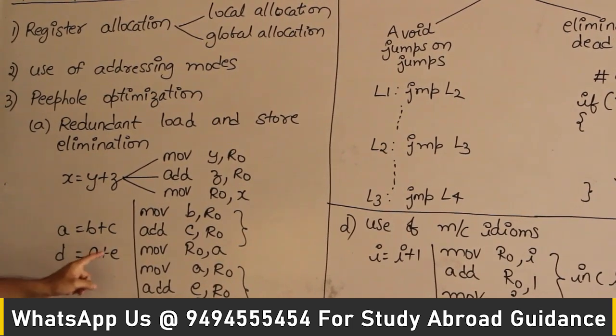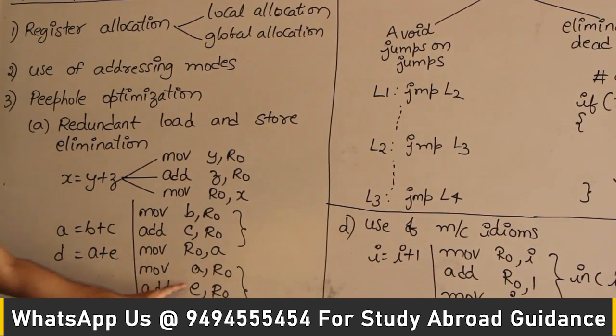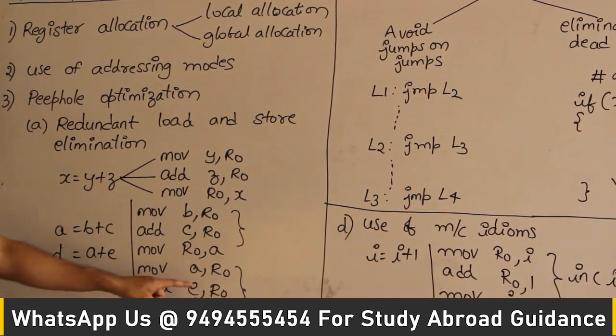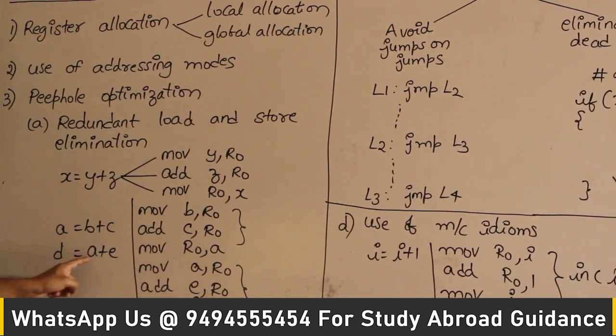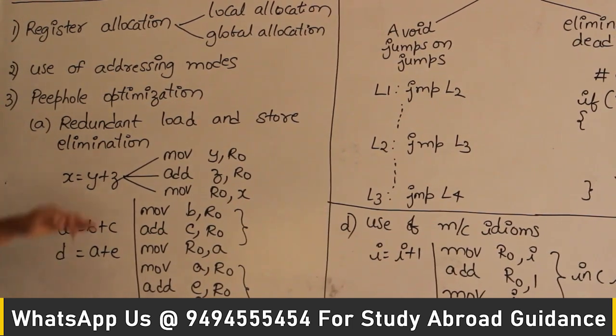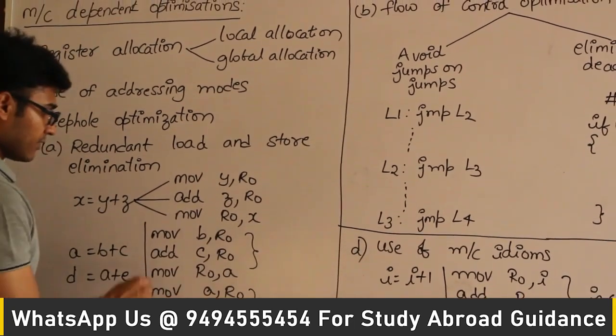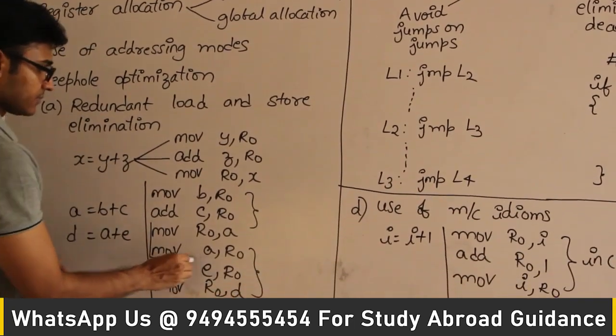And similarly I do the same thing for the next one. I am moving a to R0, and then adding e to R0. Now R0 contains a + e. Now I move that R0 into d, which means a + e is assigned to d. If they are executed independently, you don't see anything, but when I combine them, there is some redundancy here.